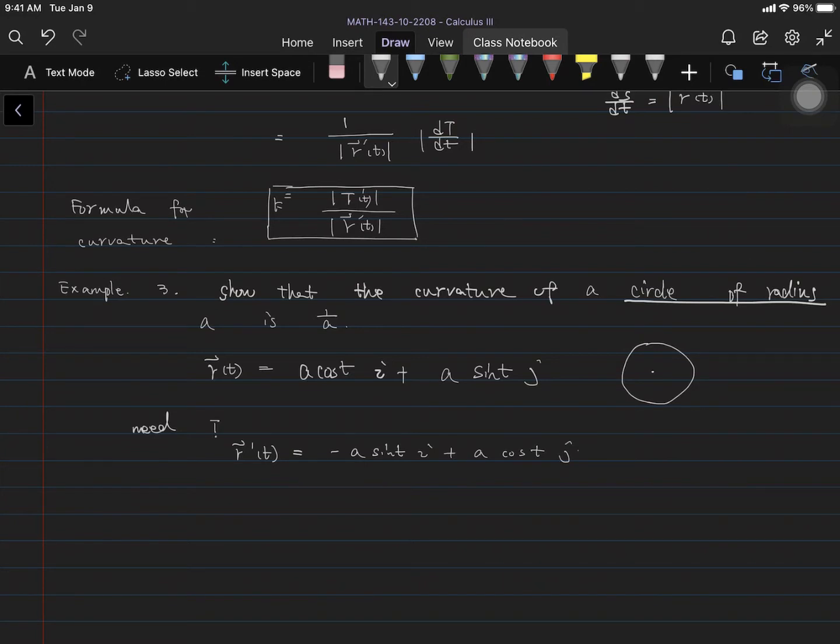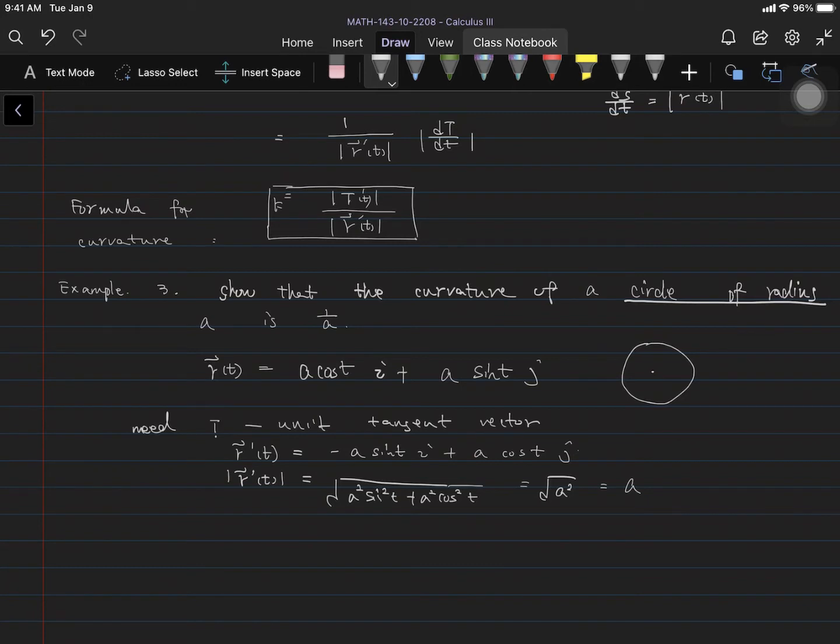Capital T is called the unit tangent vector, so it is a unit vector. So we need to divide by the length of r prime. The length of r prime is the root of a squared sine squared plus a squared cosine squared, which is the root of a squared, and it is a.